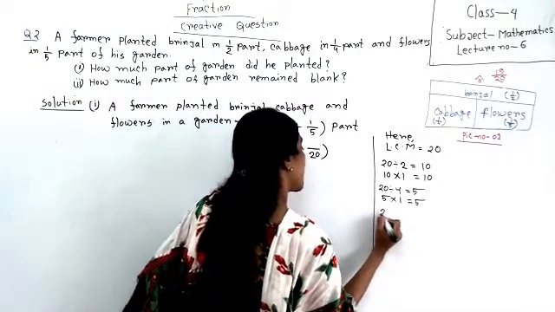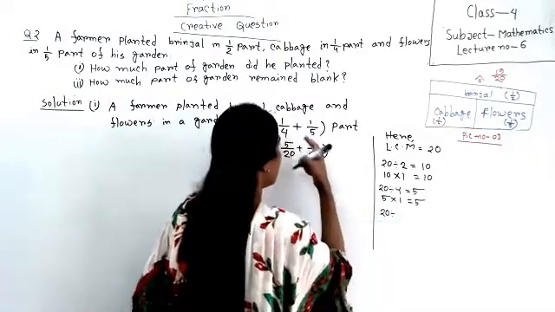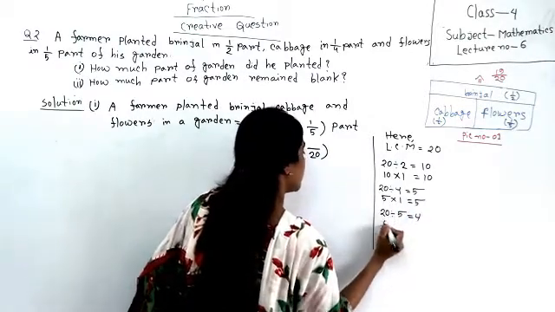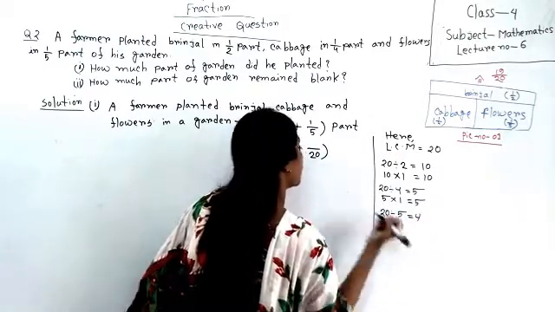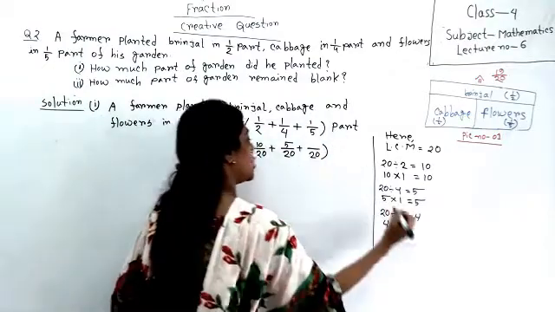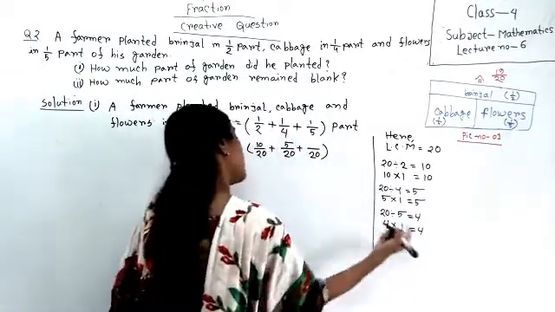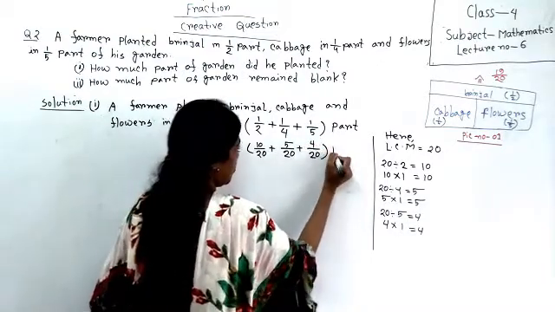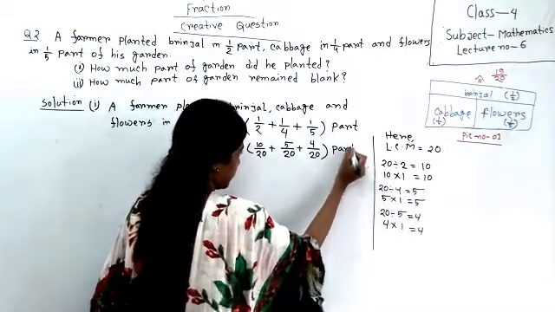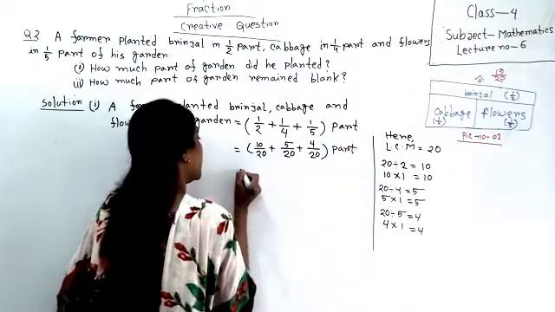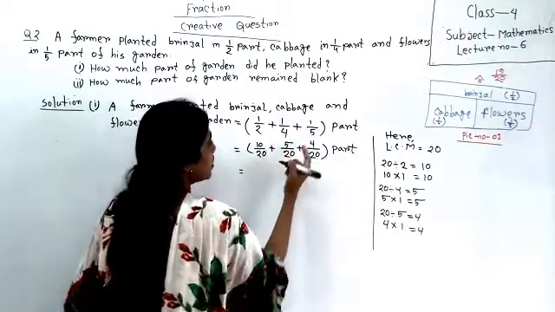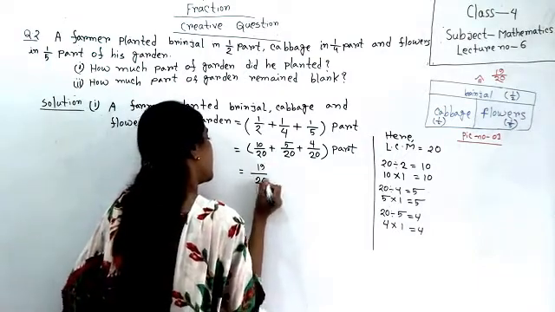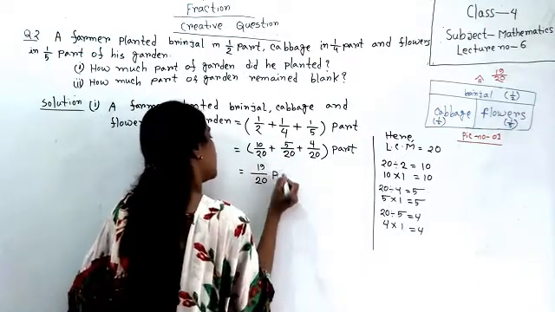For the third fraction, this LCM is divided by the third fraction denominator and gets result 4. This 4 is multiplied by the third fraction numerator and we get result 4. This 4 is written as numerator for the third fraction. Now 10 plus 5 plus 4 is 19, divided by 20 part.